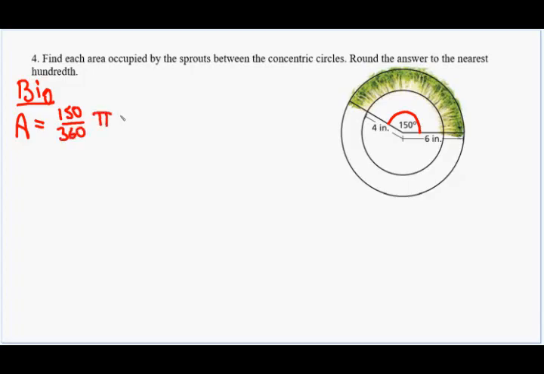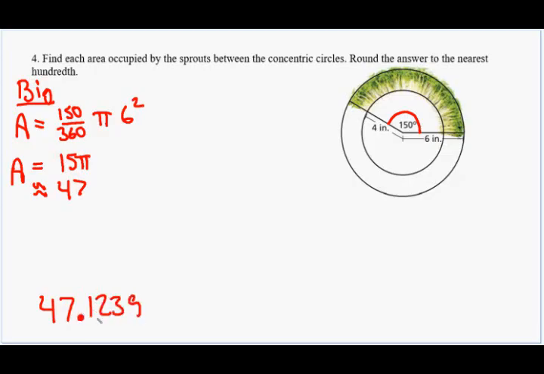Our radius there is 6, and that'll be a 6 squared. So the area of the big one should turn out to be 15 pi, or approximately 47.1239. Again, that is the big arc. So that would be all of this red area.